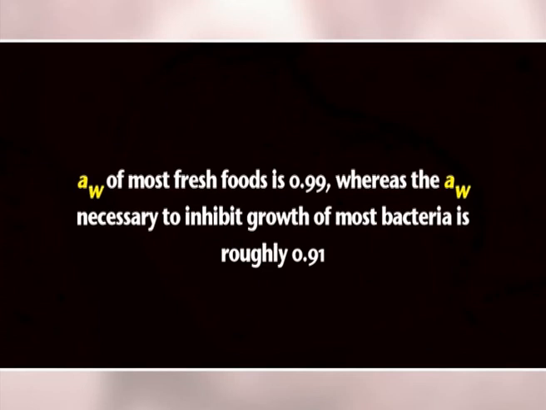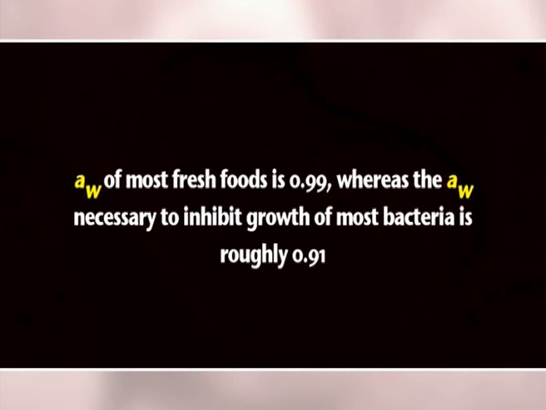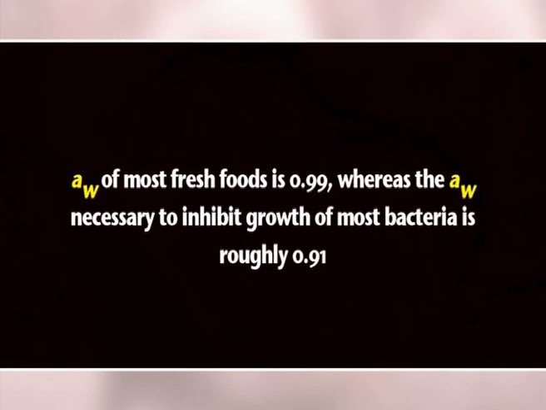The water activity of most fresh food is 0.99, whereas the water activity necessary to inhibit growth of most bacteria is roughly 0.91. Yeasts and molds, on the other hand, usually require even lower water activity, preventing their growth.